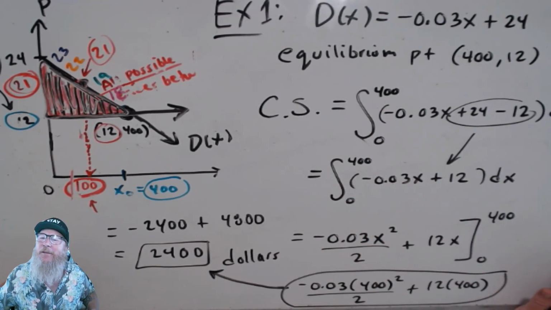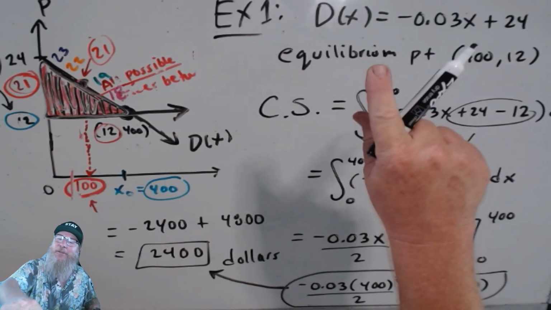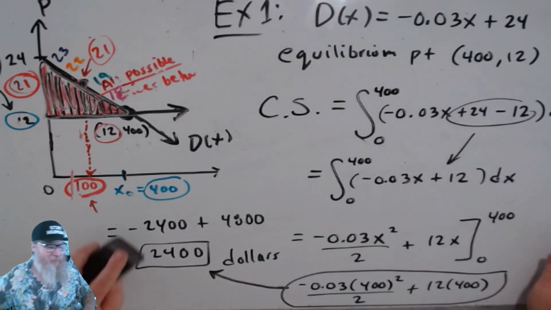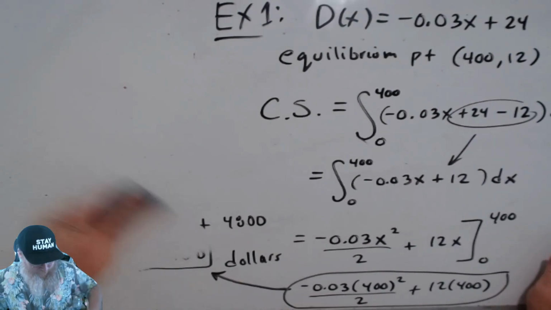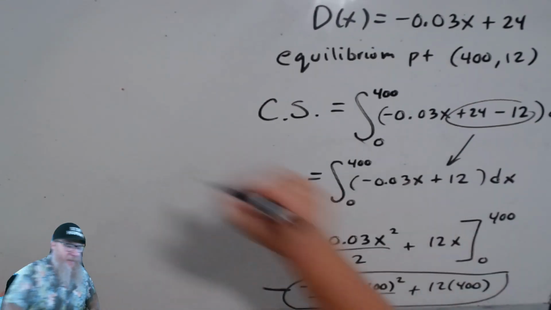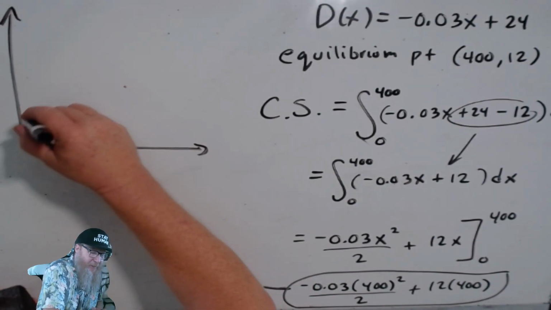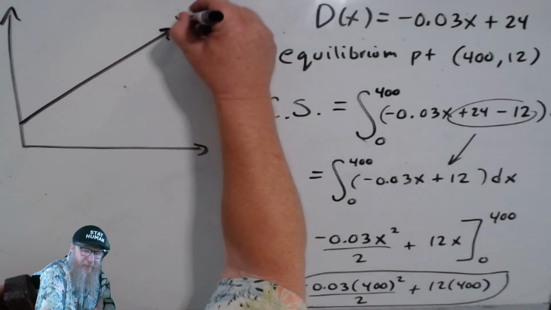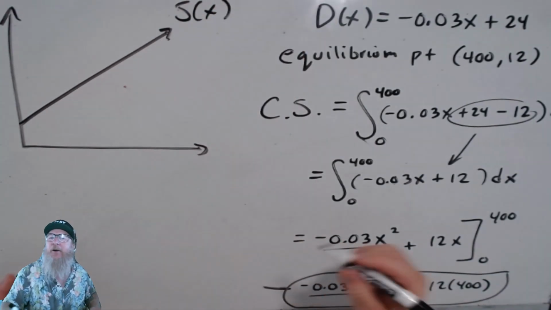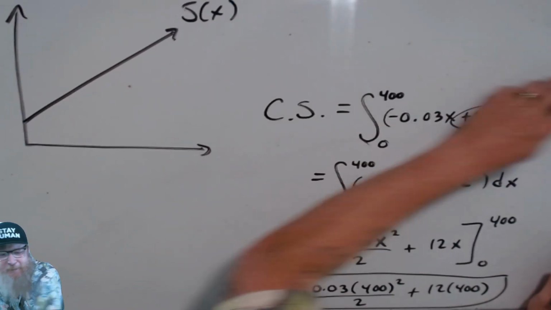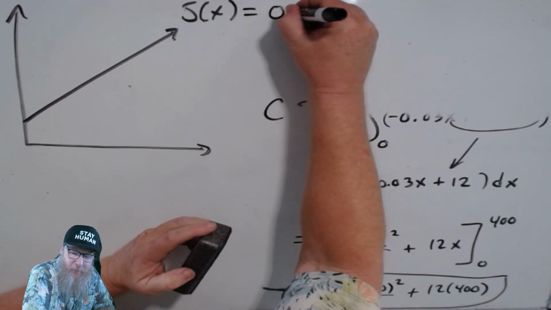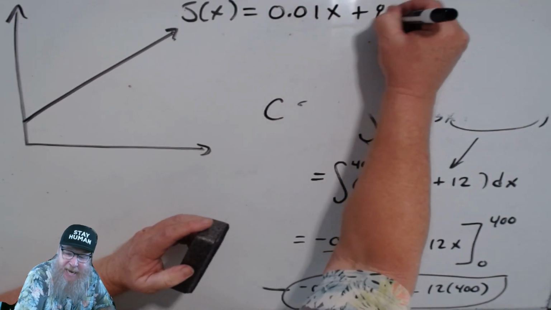So let's move on to the other way, which is the producer's surplus. For the producer's surplus, you look at the supply curve. Which, what did we say that was? That was 0.01x plus 8.